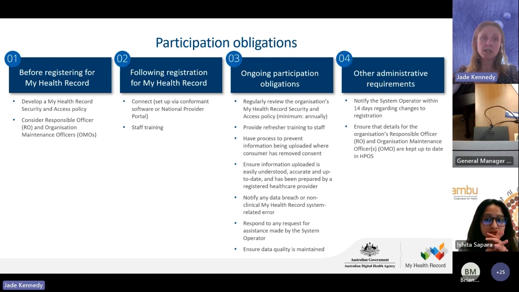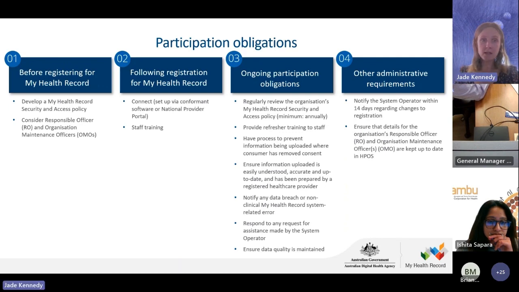And then once registered, obviously staff training requirements, things like complying with any data breach reporting requirements, responding to any requests for assistance made by the system operator, which is currently the agency, and then some other ongoing administrative requirements that organisations need to be aware of as well, particularly notifying the system operator of any changes to the organisation's registration, and ensuring that the organisation's responsible officer and organisation maintenance officer details are kept up to date in HPOS.